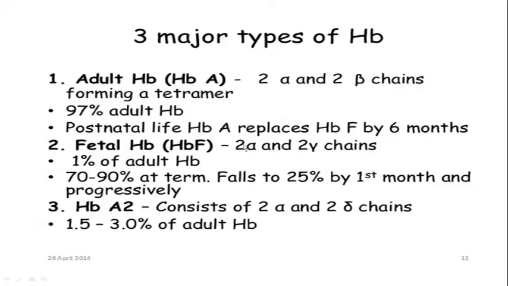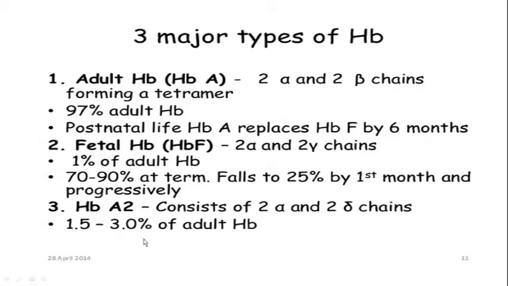It has a higher affinity to oxygen, and it constitutes 1% of the adult hemoglobin. At term, it is the major hemoglobin, at around 70 to 90%. It falls by the end of the first month, and by the end of 6 months, it comes to a level of 1 to 2%.